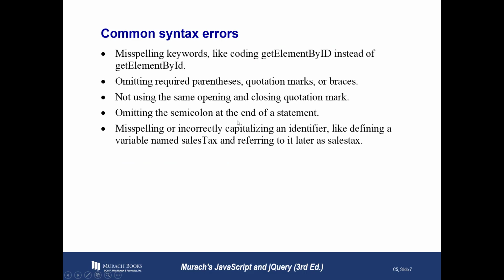All right. So when you get these kinds of syntax errors, what should you look for? Misspelling words, or putting the wrong capitalization in, omitting parentheses when they're required, omitting quotation marks, single or double, where they're required, omitting braces where they're required, starting with a double quote, ending with a single quote, forgetting a semicolon.